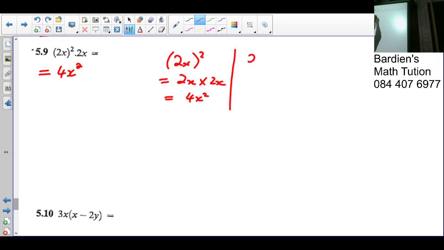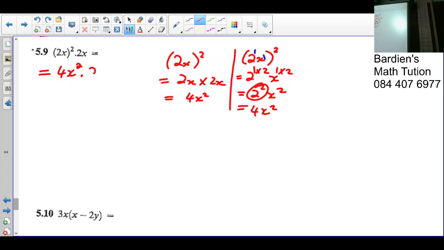Otherwise the rule, there's a 1 exponent here and a 1 exponent here. So it will simply be 2 to the 1 times 2, x to the 1 times 2, which is 2 squared x squared. And 2 squared of course is? Okay? So this level, most of you can do that. You do it times 2x. So what's 2x squared times 2x? 8x cubed. Any confusion? No?